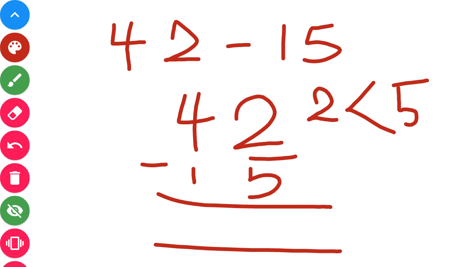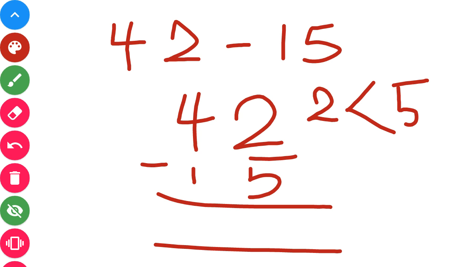Now, what will we do? Tell me what we will do? Yes. So, tell me, you have 2 toffees, but you have to give me 5. How will you give me? You will borrow some toffees from your friend and you will say, please give me some toffees, I have to share them with ma'am.